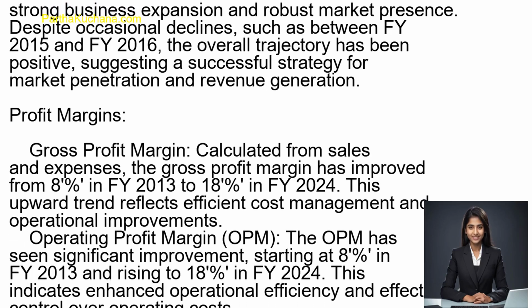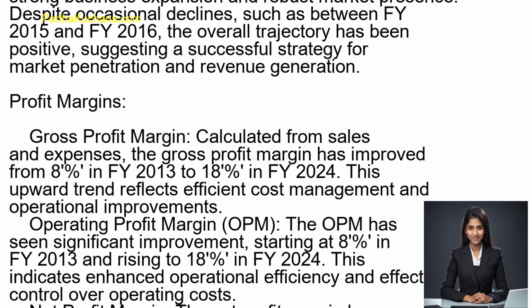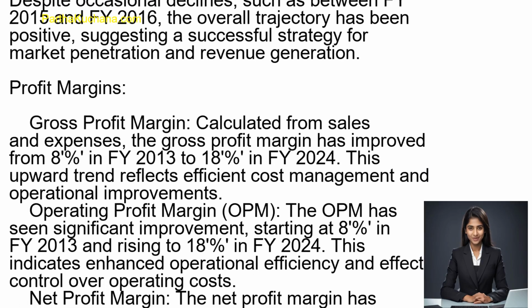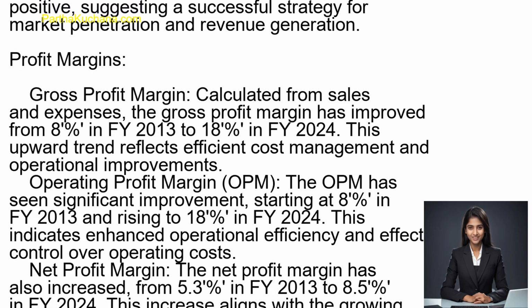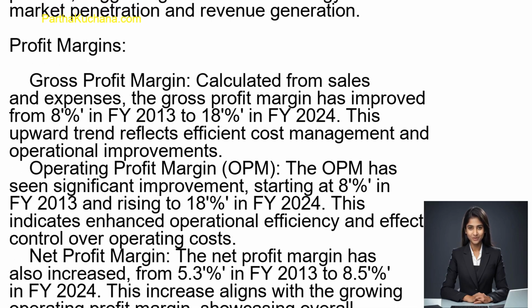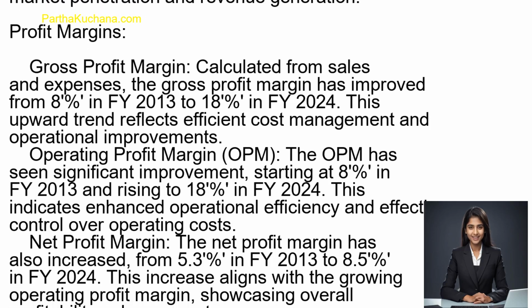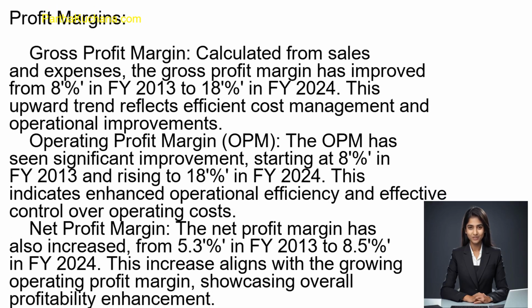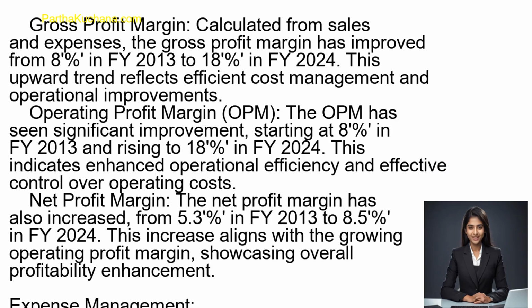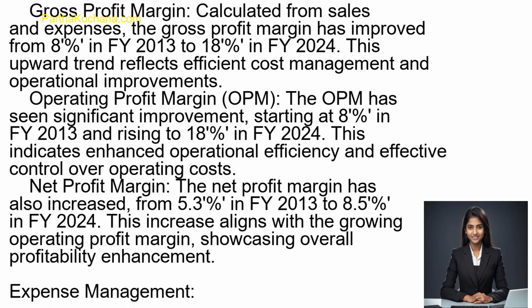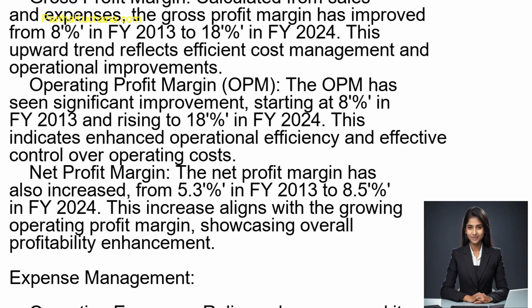This indicates enhanced operational efficiency and effective control over operating costs. Net profit margin. The net profit margin has also increased, from 5.3% in FY 2013 to 8.5% in FY 2024. This increase aligns with the growing operating profit margin, showcasing overall profitability enhancement.